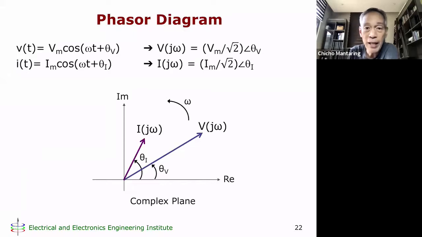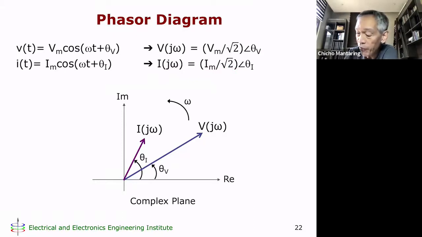Okay, remember the phasor diagram? The phasor diagram gives you a snapshot of the relative position of your phasors in the complex plane at time t equal to 0. So if this is my time domain expression for voltage, this is the equivalent phasor, V sub m over the square root of 2 at an angle theta V, and this is the equivalent phasor of my current.